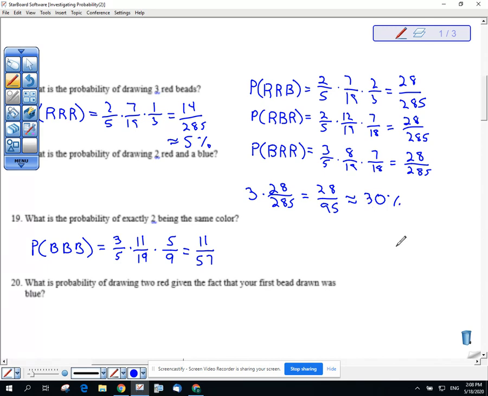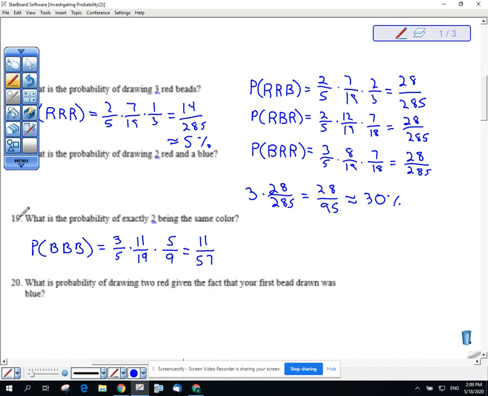Now again, you should be conscious of how they want you to express the answer. If they said simple fraction, simplified fraction, 28 out of 95 is a great way to express that. If they said decimal, about 0.3. If they said nearest tenth of a decimal, about 30% is to the nearest percent.